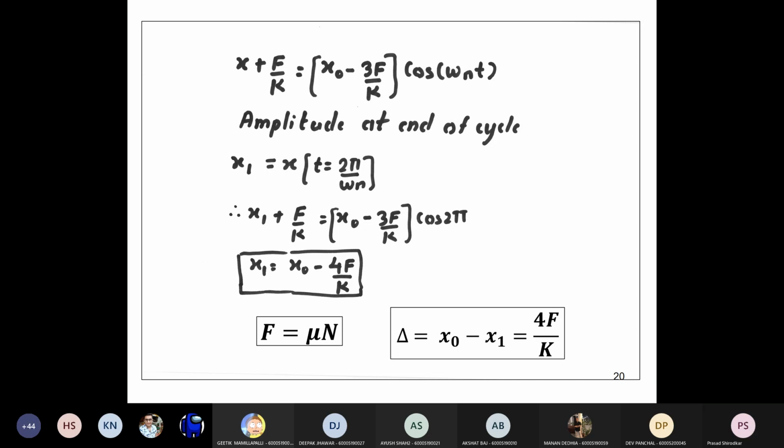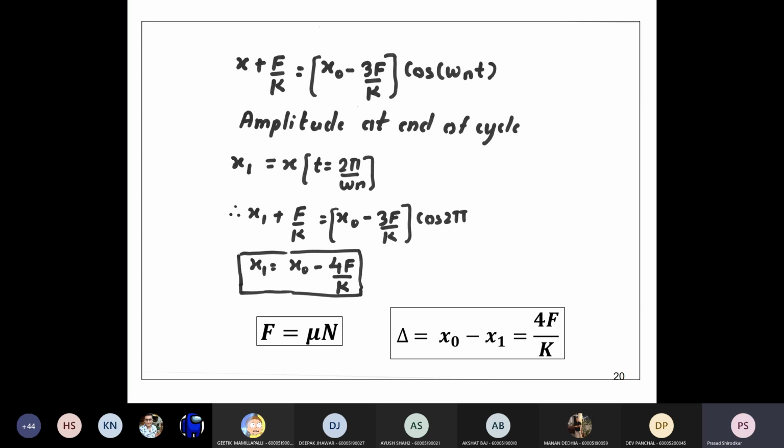So after the end of one cycle, the amplitude is reduced by 4f by k. And also f is equal to mu n, so I can write f is mu n. So I can write delta, that is the decrement, is x0 minus x1 is 4f by k.